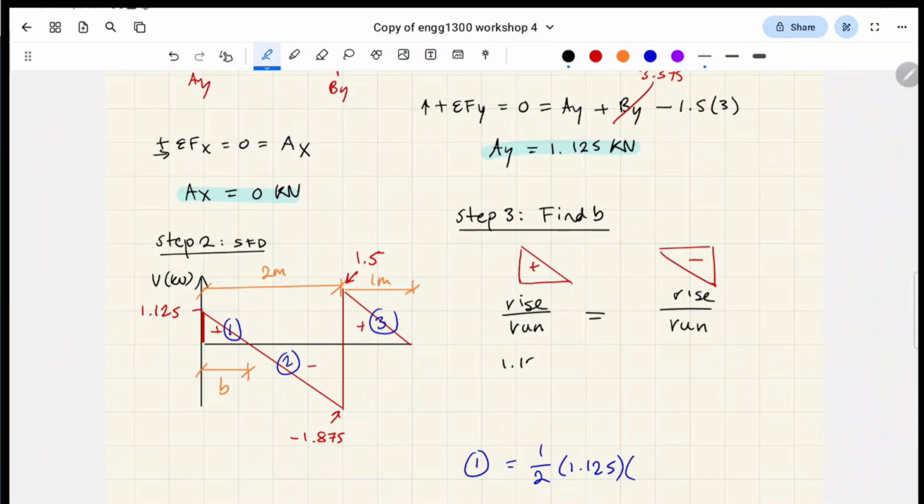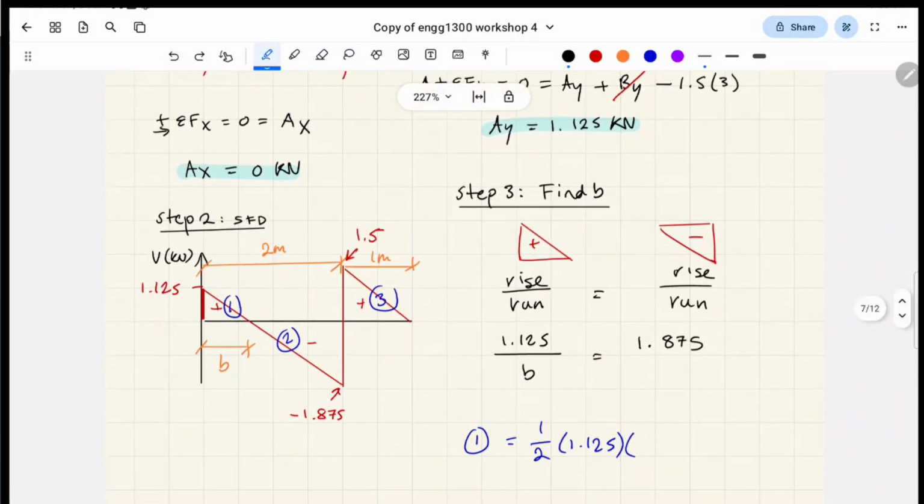So it's 1.125 over b, which is our unknown, equal to the rise. If you plug in the positive number, it's going to give you the right number anyway. All these triangles have the same slope, so when you're solving for it, just stick with a positive number here, you'll be fine.